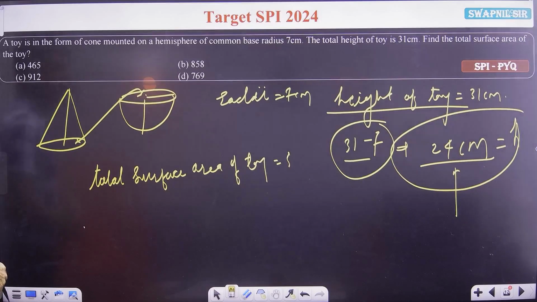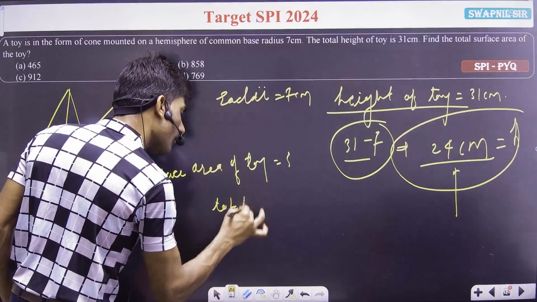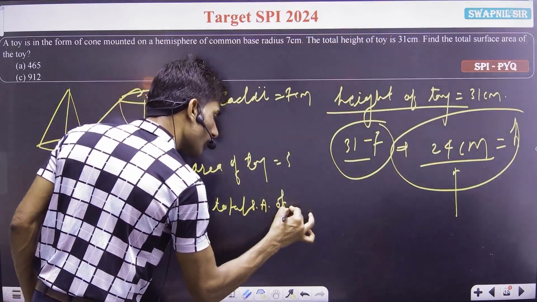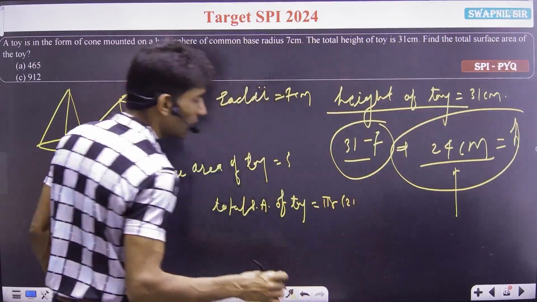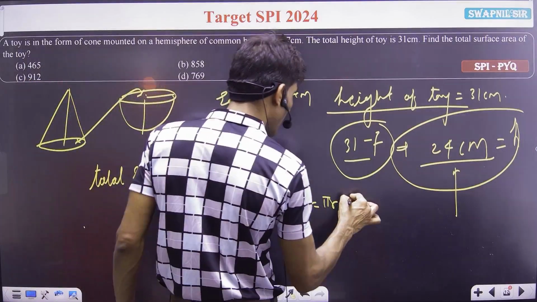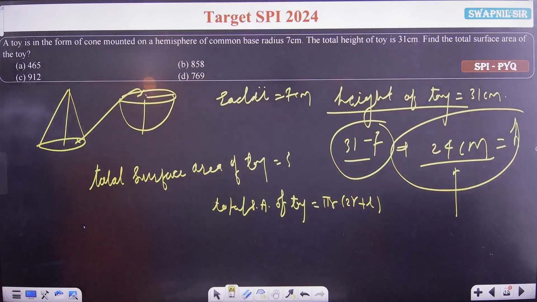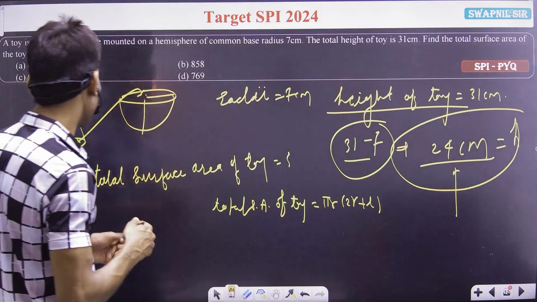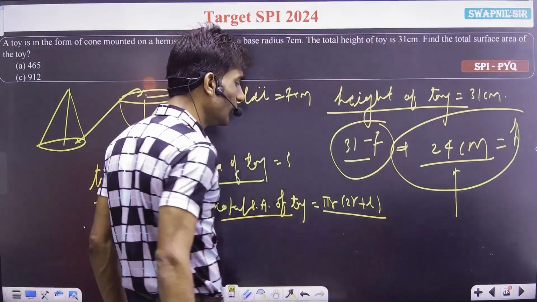Now let me write the total surface area of our toy. We write pi r into 2r plus l. This is the total surface area for our given toy, pi r into 2r plus l.